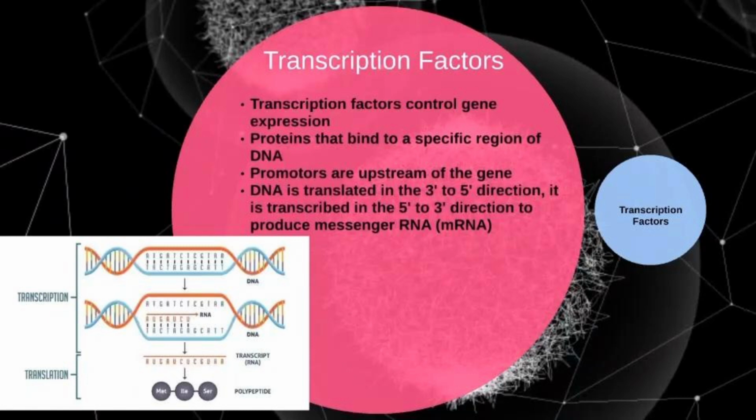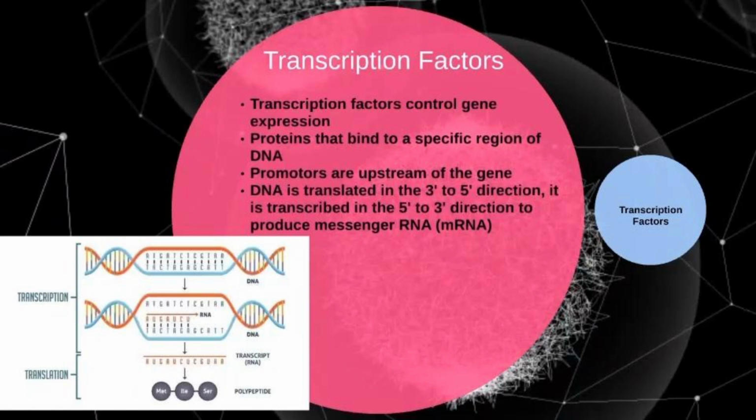So it reads the DNA strand and makes mRNA, and the mRNA is then read by the ribosome to make the polypeptide. So the RNA polymerase needs to access the DNA and to know when it should start transcribing the DNA sequence into messenger RNA in order for it to be used by the ribosome to make the polypeptide chain.